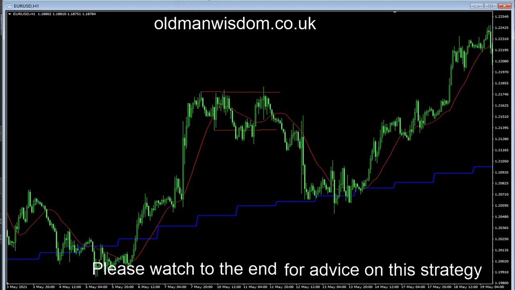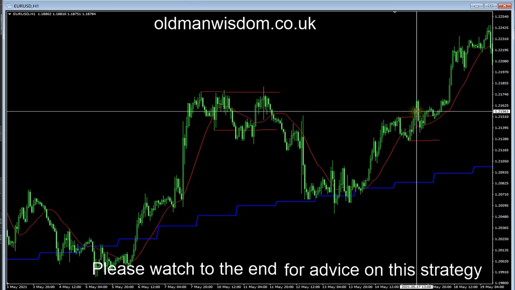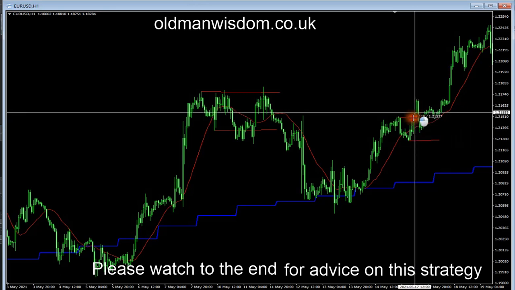So let me give you a very quick example here. Price comes up, forms the high, price comes back down and forms the low. The low is where your stop loss is going to be. I want to see price dip below this 20 period moving average and then come back above it and break the high here. So in this example here, this would be the candle.